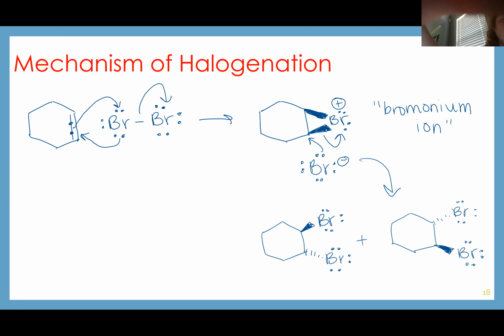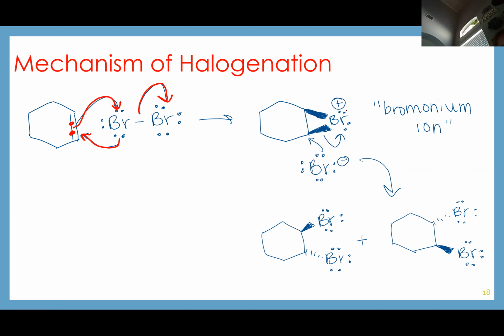Okay, so in this mechanism, the pi electrons of the alkene attack one of the bromines, which in turn attacks the other carbon. This causes the bond between the two bromines to break, and a cyclic structure featuring a single bromine atom forms.